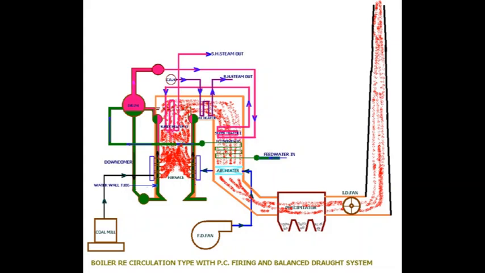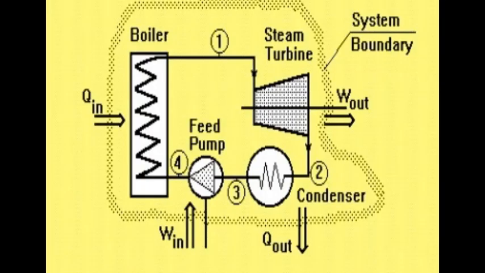So in a nutshell, in the power plant basic cycle, we supply water in the boiler as working fluid, and that is getting converted into steam inside the boiler, and that steam is supplied to the steam turbine connected to a generator, alternator, where the heat is utilized.